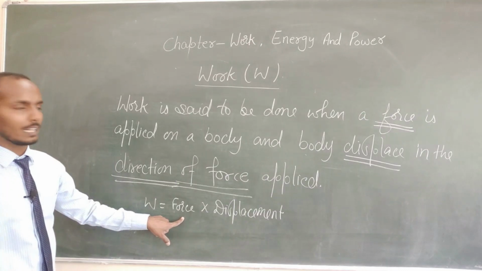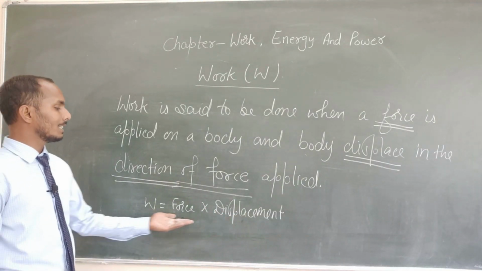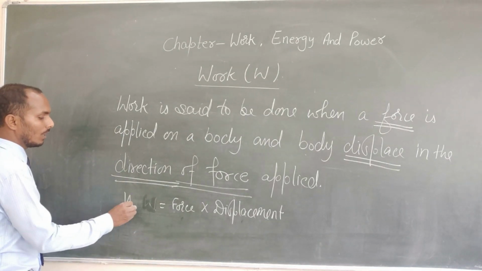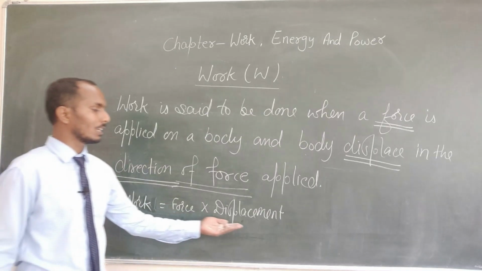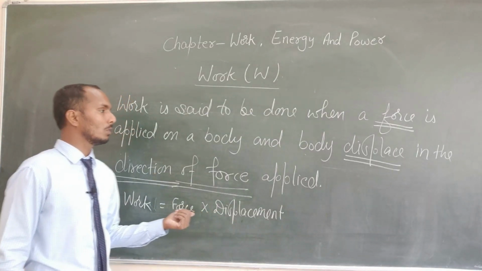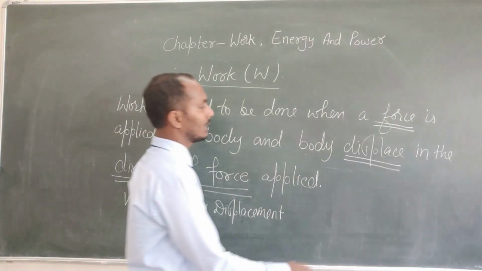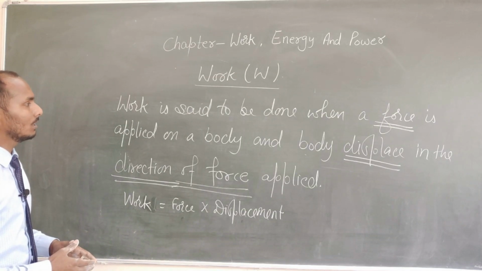Force component in the direction of displacement of the body, then work is said to be done. Okay, so what's the definition of work? Work is said to be done when a force is applied on a body and the body is displaced in the direction of force applied. You can write this definition.